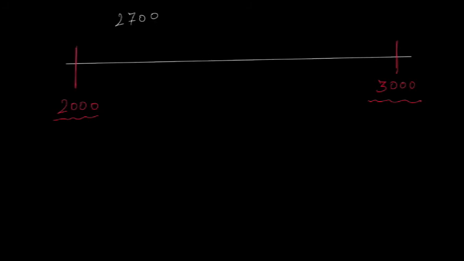Somewhere in between, what would be the center of this? 2500. But this is not a multiple of 1000. Now your number is 2700, so it would come somewhere here.